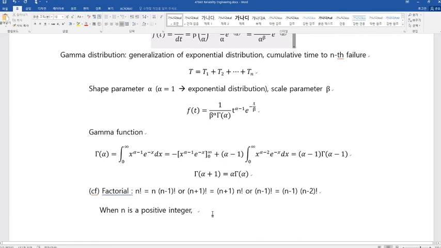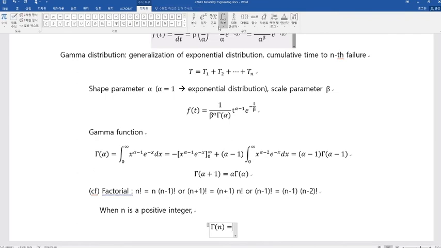The point is that when n is a positive integer, then the gamma function of n equals n minus 1 factorial.